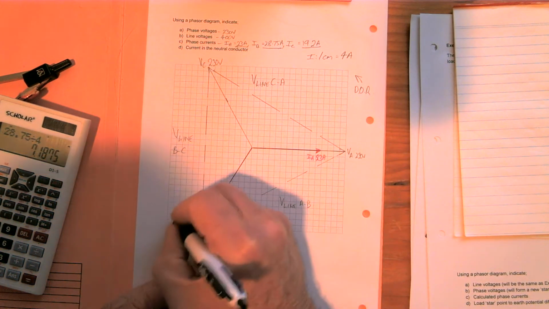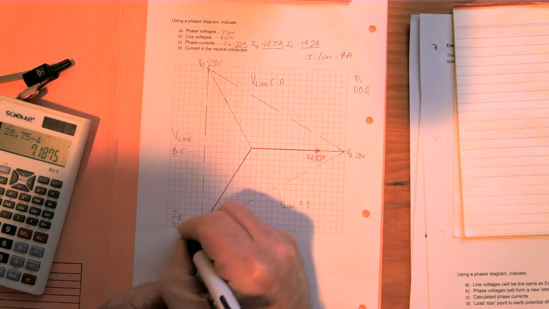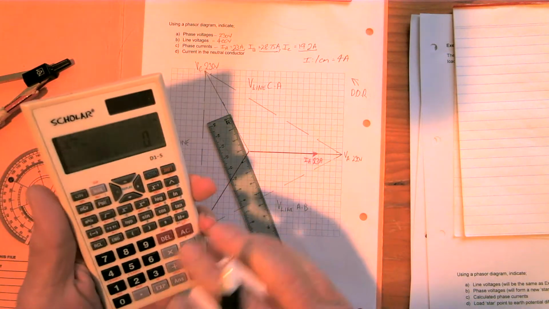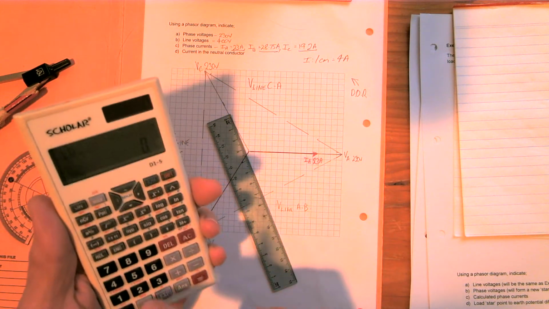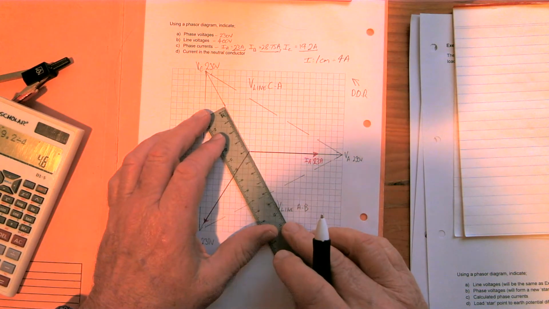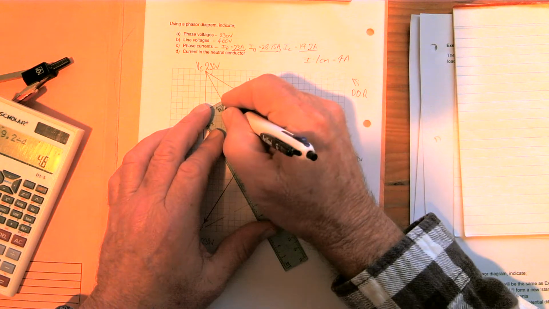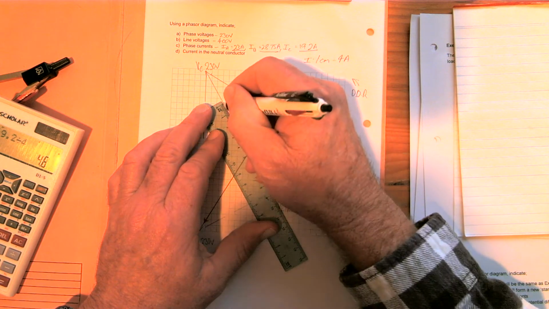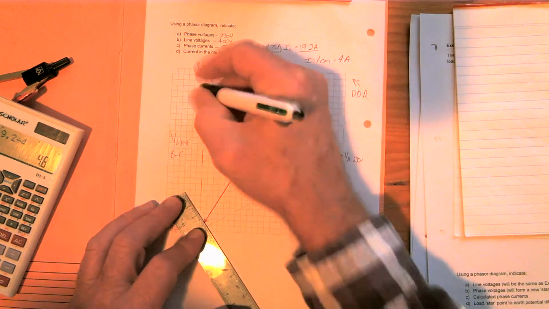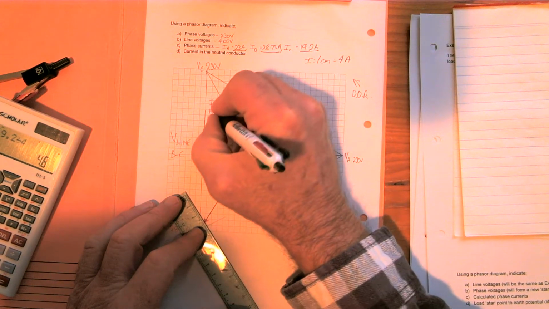Okay, so that'll be IB, which was 28.75 amps, and IC was 19.2, so 19.2 divided by 4, 4.8 long for the C phase. So we go up there, 4.8. And that's IC at 19.2 amps.